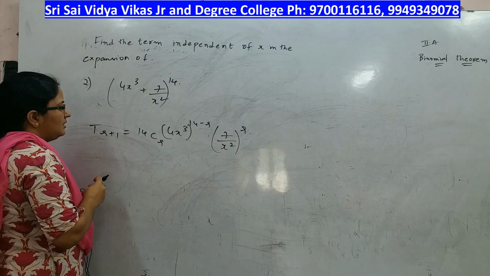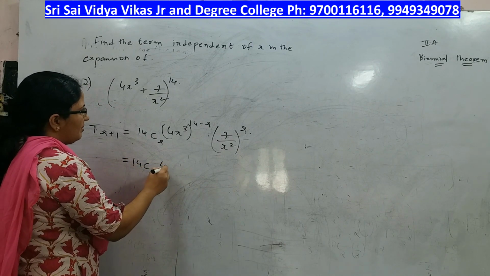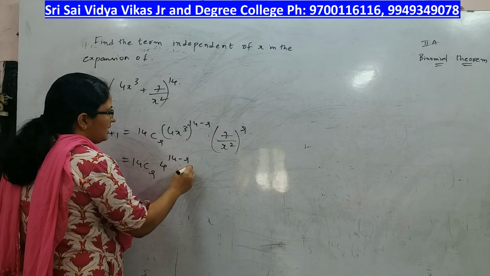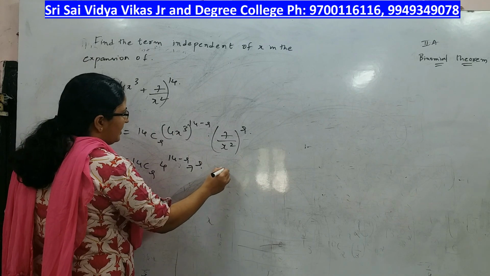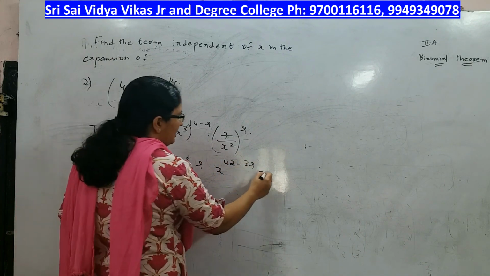So here you have 14Cr 4^(14-r) 7^r x^(42-3r) x^(-2r).